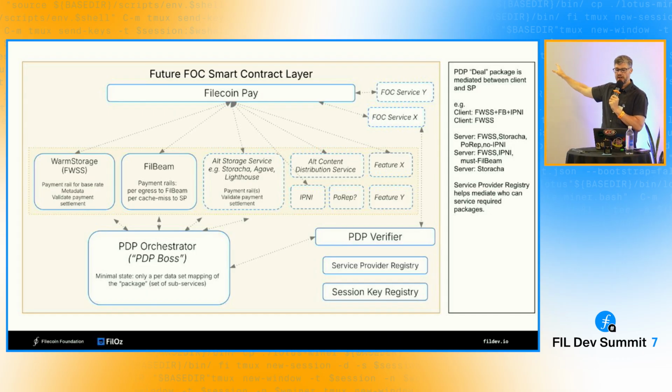As long as the client and the SP agree on this, then FilBeam can be part of the picture here, and that contract will get involved. That contract will set up its own 2 rails with Filecoin Pay for the client, and then you would end up with 3 rails, but they're managed by entirely different services that don't have to have any relationship directly. It's just, I know how to interact with this API, this interface, and that's it.